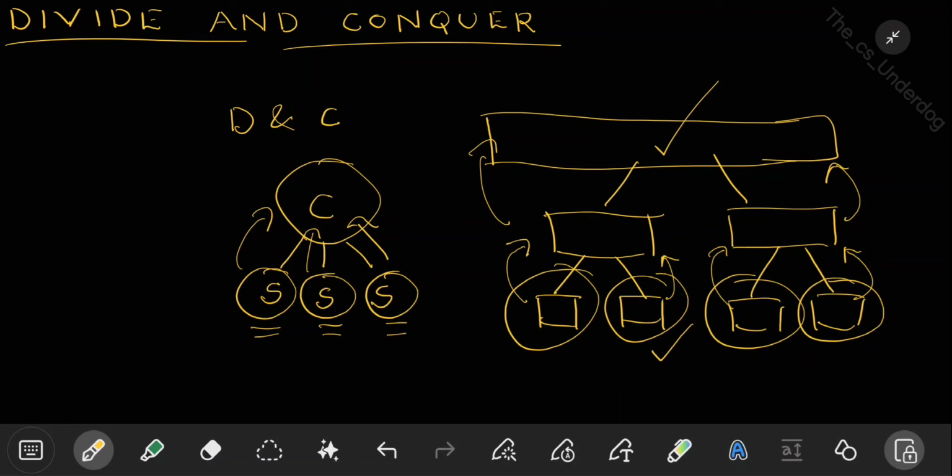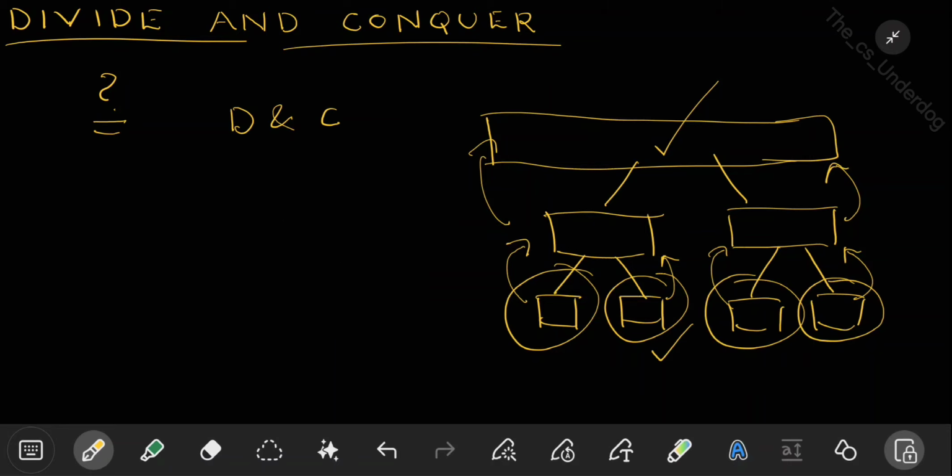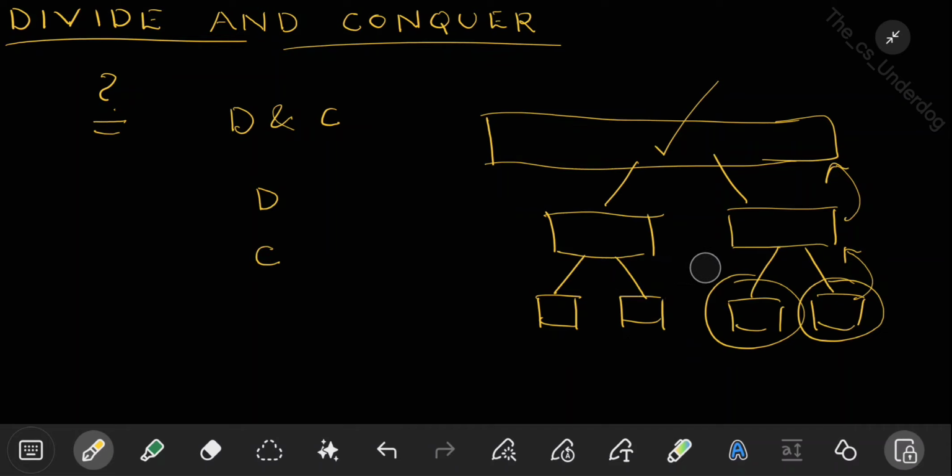So why is it called a divide and conquer algorithm? The reason is the two key steps in this algorithm are the divide step and the conquer step. Dividing the larger problem into smaller subproblems is called the divide step. At the end of the divide step, you will have subproblems of the original problem.